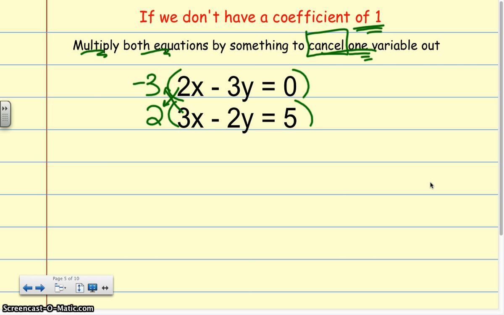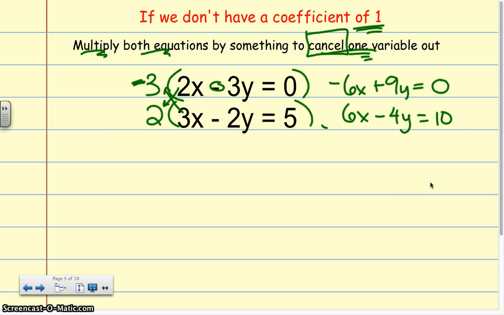Notice the pattern. That will always be the case if I use this strategy. Rewriting, I get negative 6x plus 9y, because the negative and negative cancel out, equals 0. Bottom one, 6x minus 4y equals 10. Be very careful to distribute to everything and careful about distributing that negative.